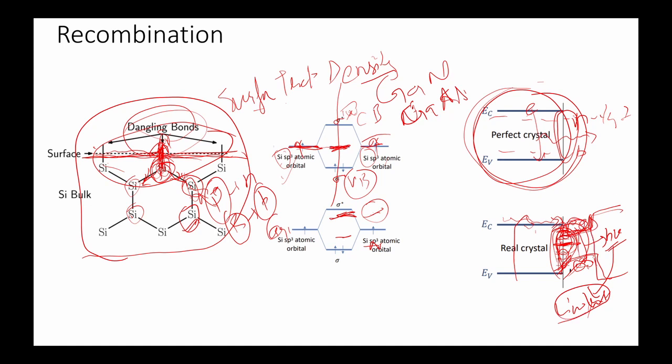But if there are too many of these surface states in between, in this potential well, they will capture the electrons and holes. So there will be fewer electrons than we assumed there should be, because they were captured already by these trap states.